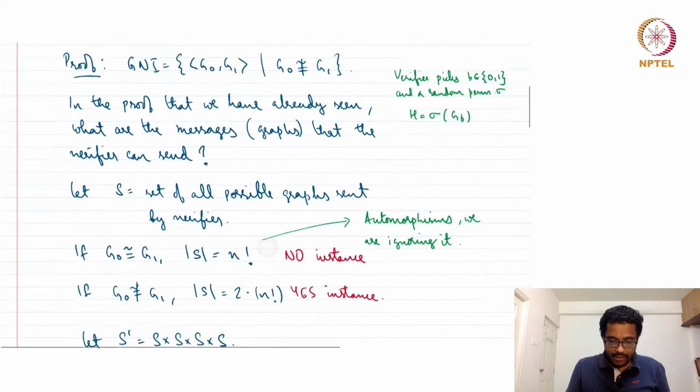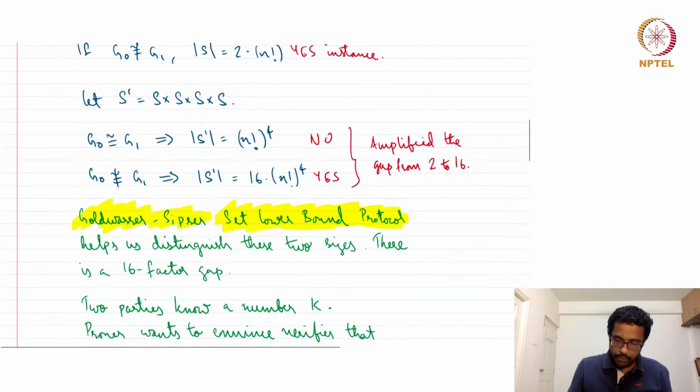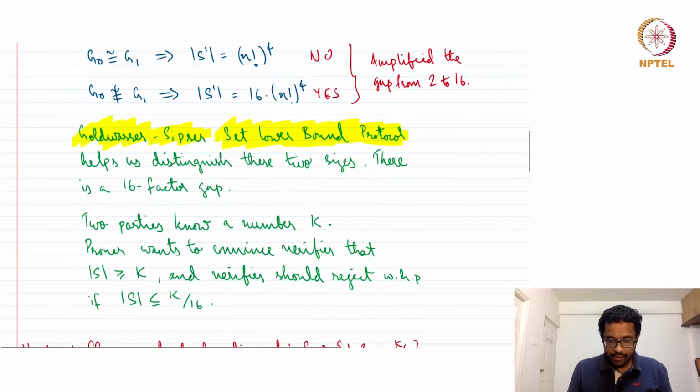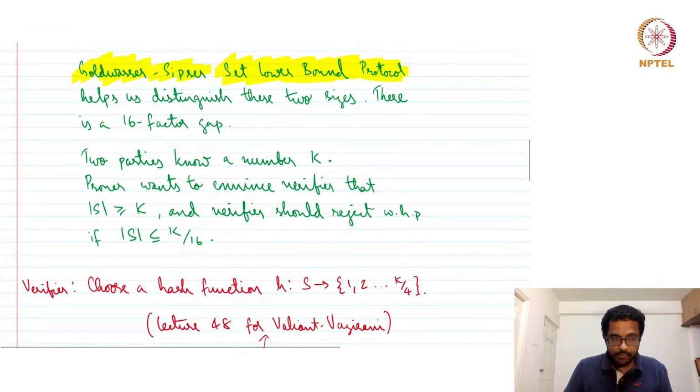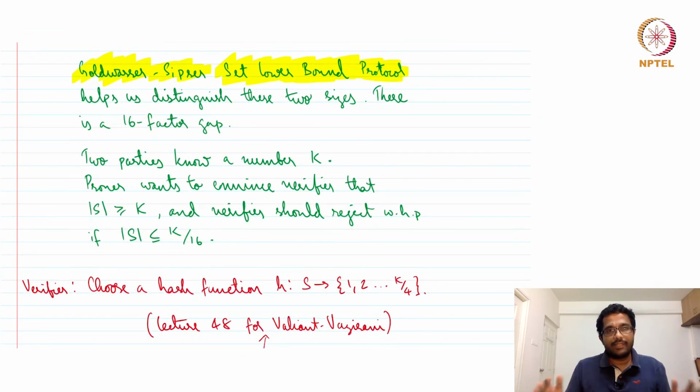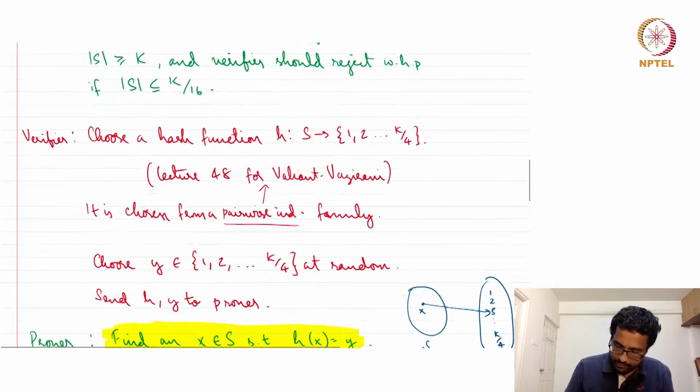This is the set lower bound protocol by Goldwasser and Sipser, which used the fact that in the yes instance and no instance, the size of the range of messages that could be sent by the verifier could be vastly different, and this is exploited in this proof system.